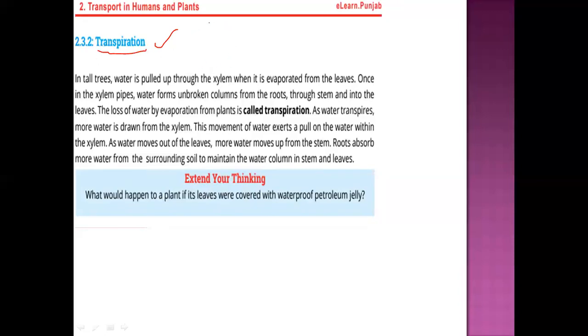Whenever we study this, transpiration is also studied, because it is a very important phenomenon regarding absorption of water in plants. So in tall trees, water is pulled up through the xylem when it is evaporated from the leaves.